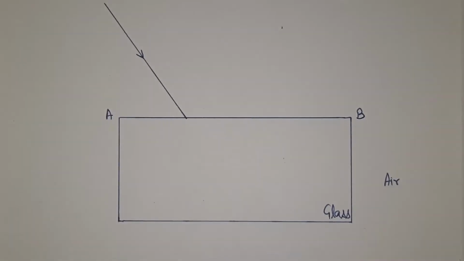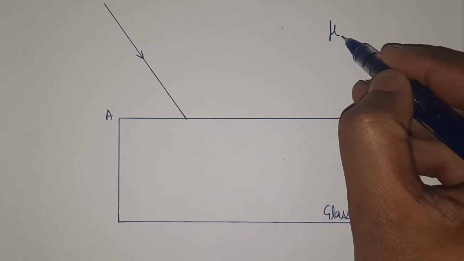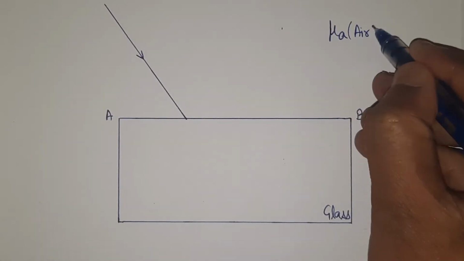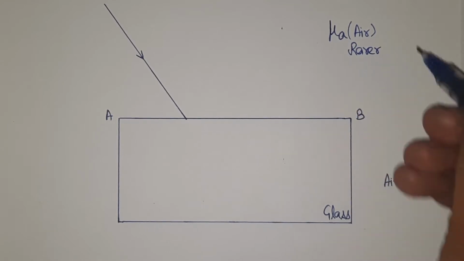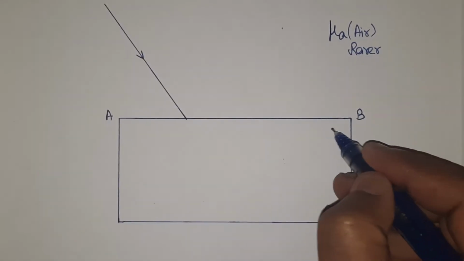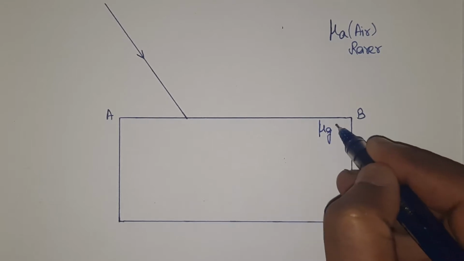Now this is air, having refractive index mu A, so it will be acting as a rarer medium. Now glass will be a denser medium, let it have refractive index mu g.